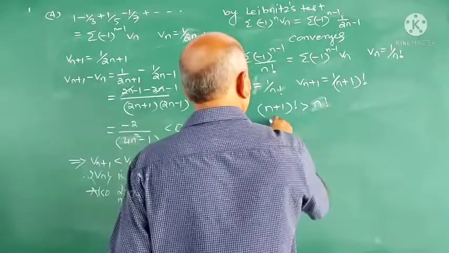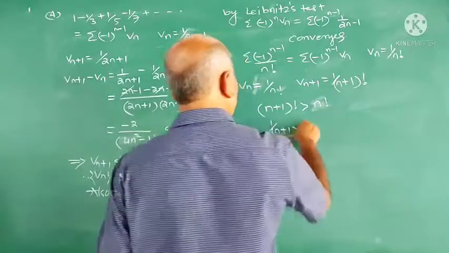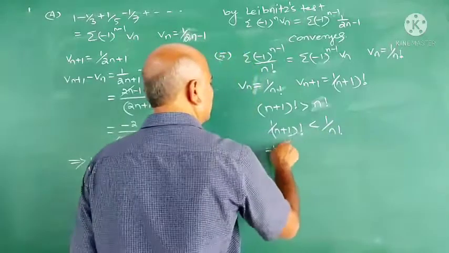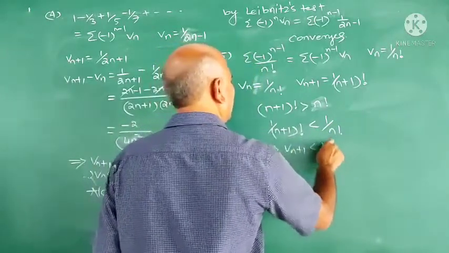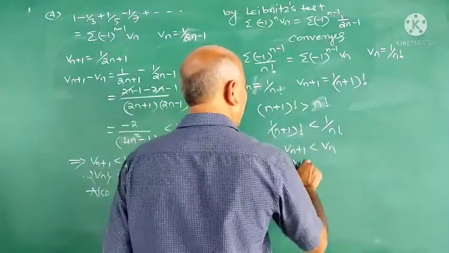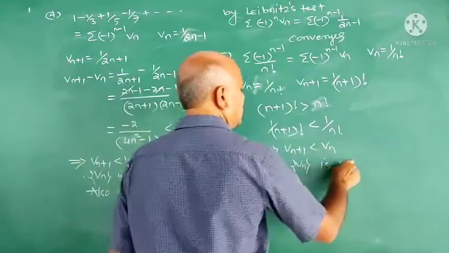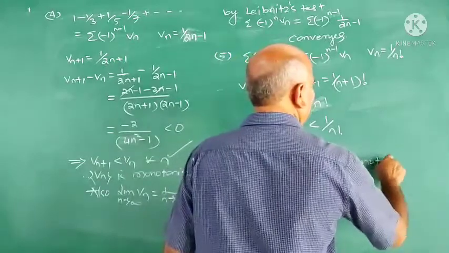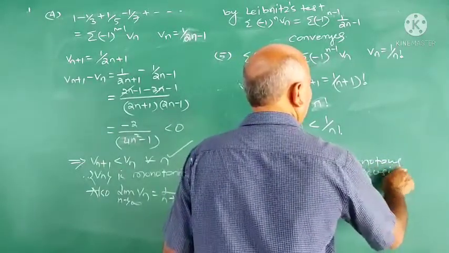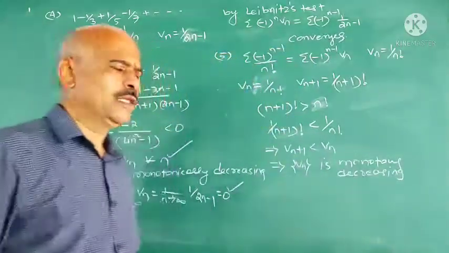Therefore, 1 upon n plus 1 factorial is less than 1 upon n factorial. This implies Vn plus 1 is less than Vn. What does this imply? Sequence Vn is monotonically decreasing.